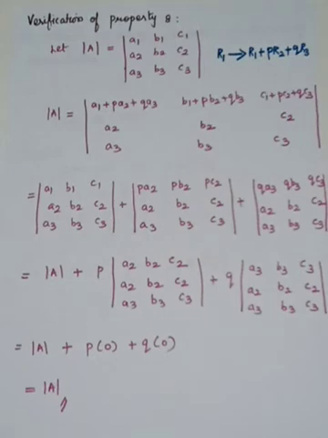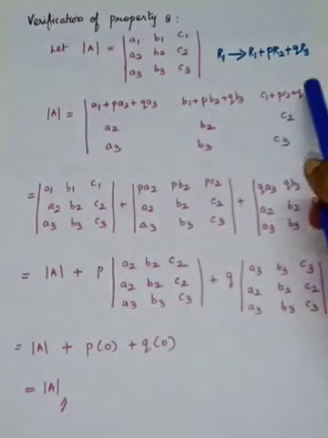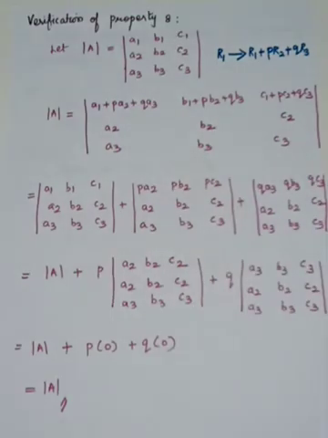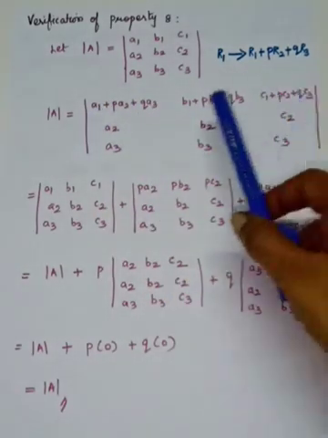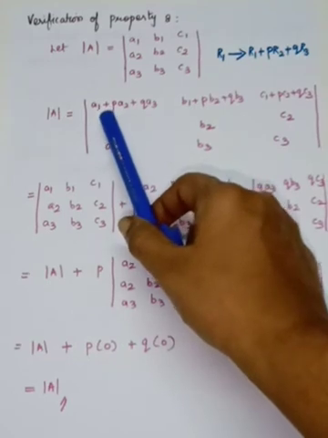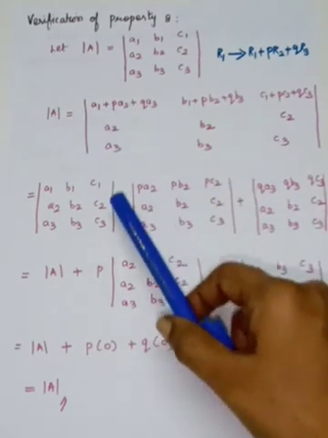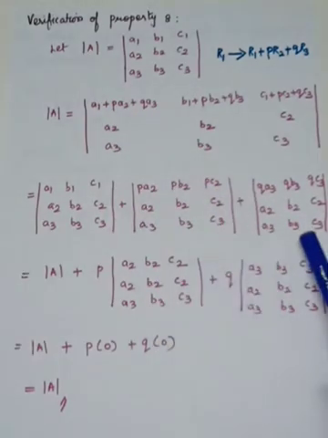You see, according to the previous property, each element of a row is expressed as the sum of two or more terms. We can write the determinant as the sum of two or more determinants. Here you see R1 elements are expressed as a sum of three terms. So here I have written three determinants according to the previous property.